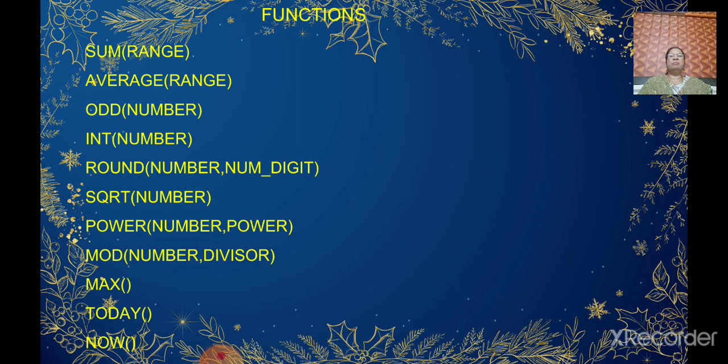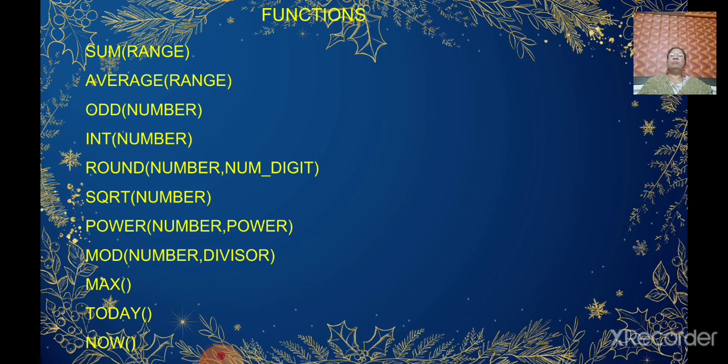Suppose the number is 4 and the divisor is 2. It returns the remainder after a number is divided by the divisor. If the divisor is 2, the remainder is 0. If I give mod of 5 divided by 2, the answer is 1, because it returns the remainder after a number is divided by the divisor.